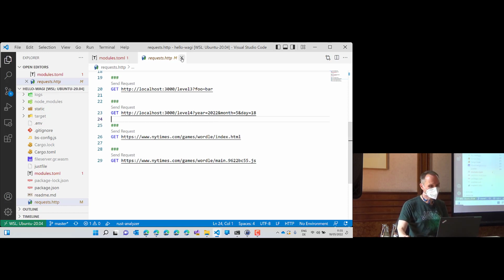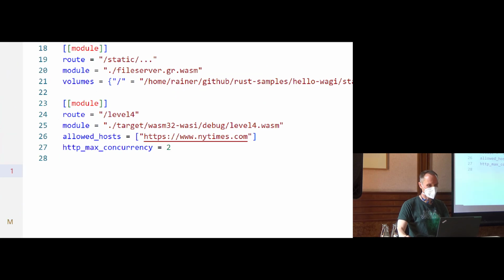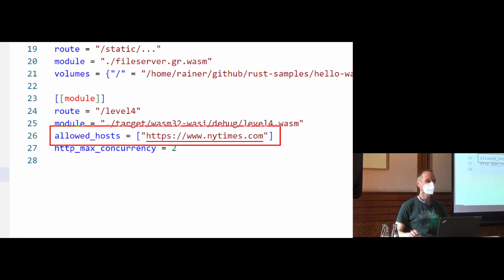But the point here is that one, you see? This is beautiful. We can tell our WebAssembly runtime that this sandbox is only allowed to access the NewYorkTimes.com URL, no other domain. That's beautiful, right?